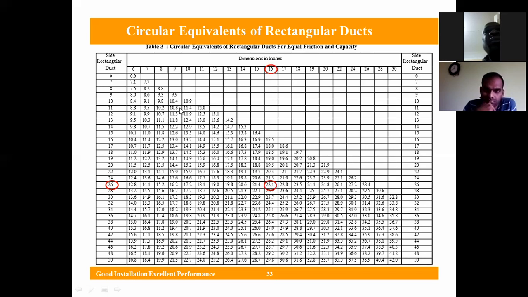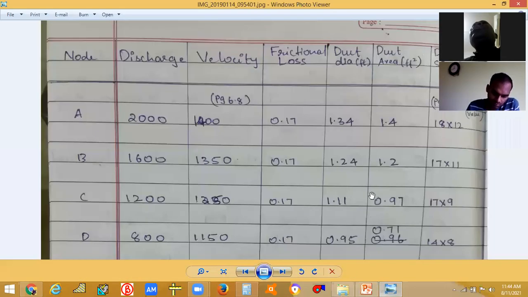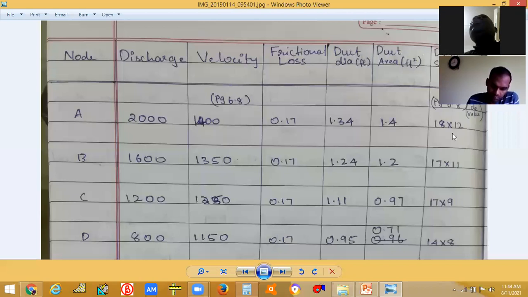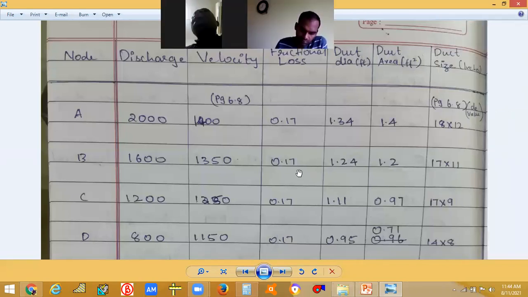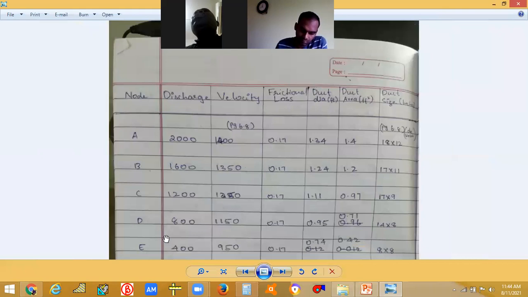So here we got 14.9, and here it is 17 into 11. So for node C and node D and node E and all, you find it out. The next day we could find the duct size.